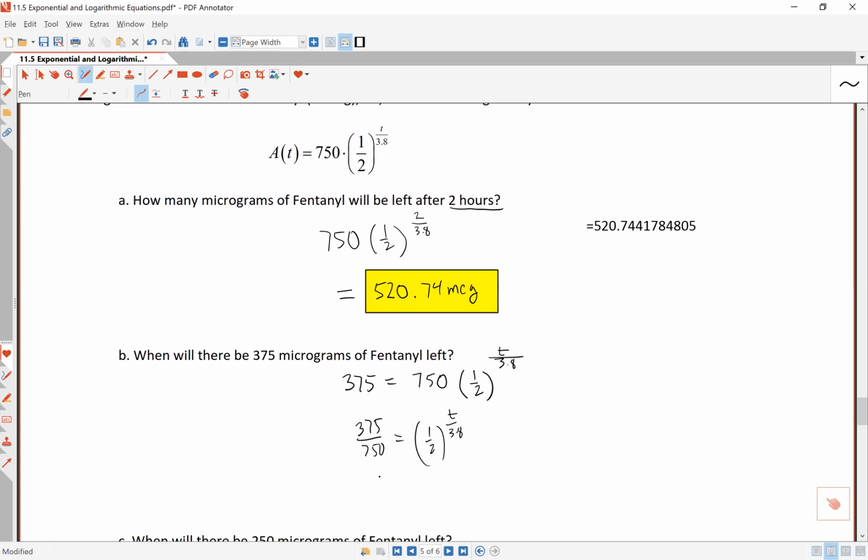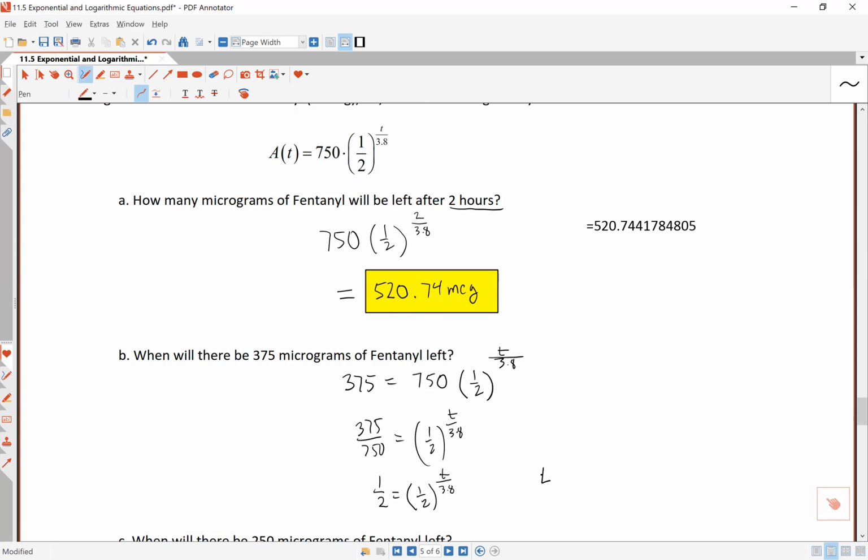And 375 over 750 is 1/2. Well, since that's a half, we know it only takes us 3.8 hours to get down to a half.